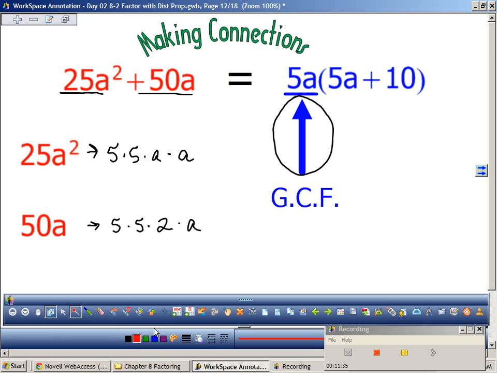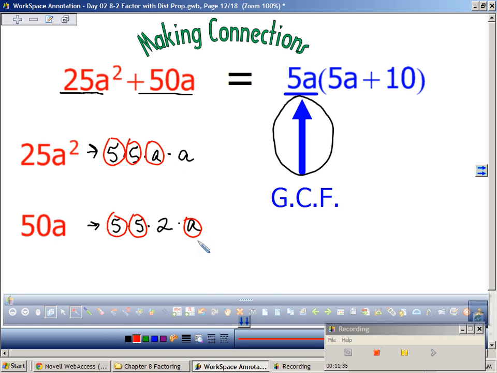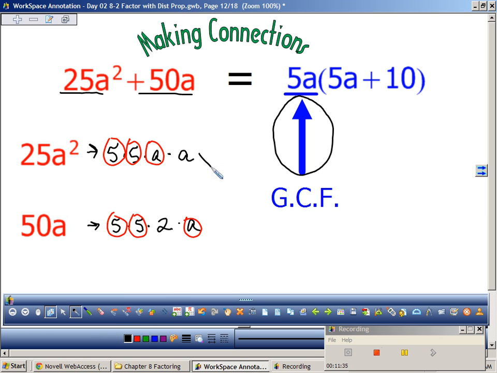So what are the common factors between the two? 5, 5, a. So the greatest common factor between these two monomials is 25a.